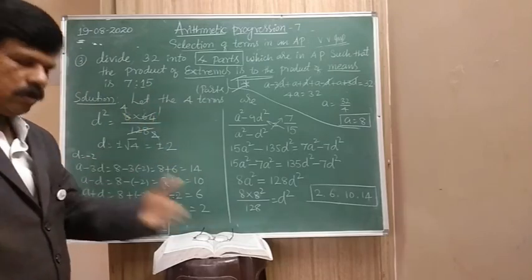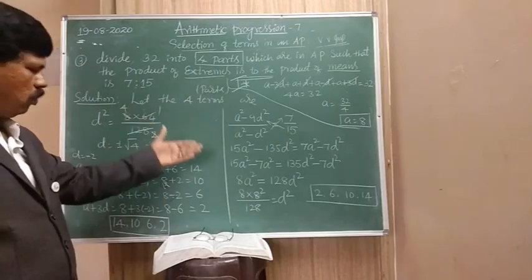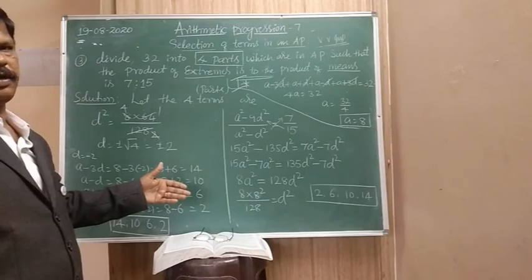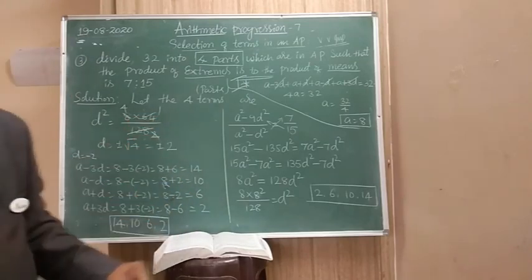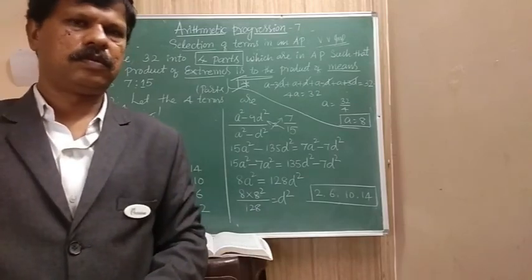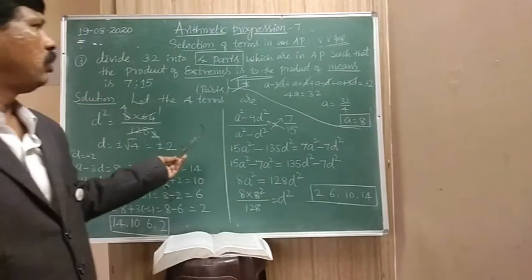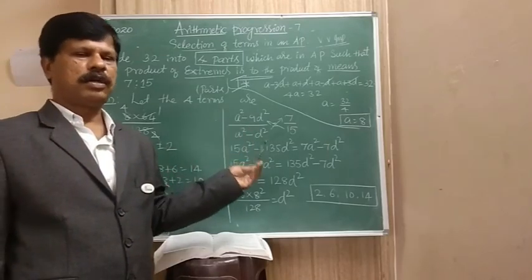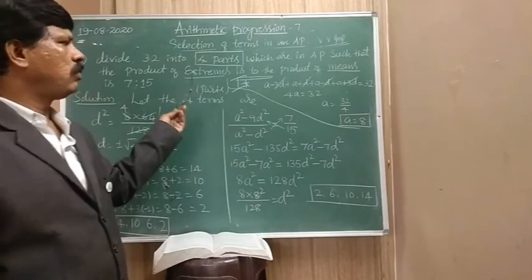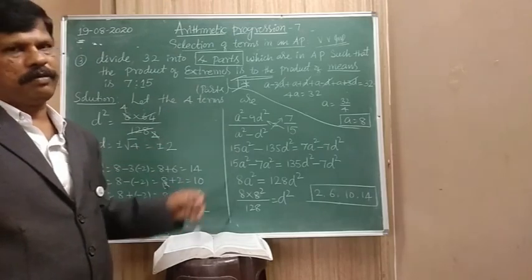I will do more problems on this concept, right? Clear? Okay, based on that I will give you work. So next week, in the doubt clearance class, you can solve whatever doubts you have. Clear?